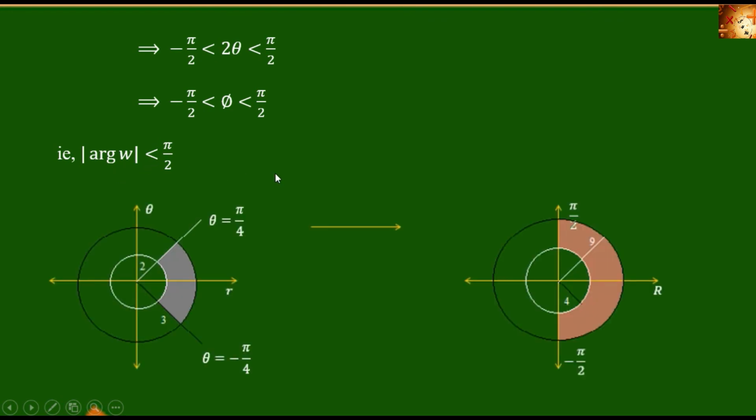Therefore the transformation is like this. 2 less than mod z less than 3 and mod argument of z less than pi by 4 means this portion, and this portion is mapped onto the annulus 4 less than mod w less than 9 and mod argument of w less than pi by 2. So this is the region.